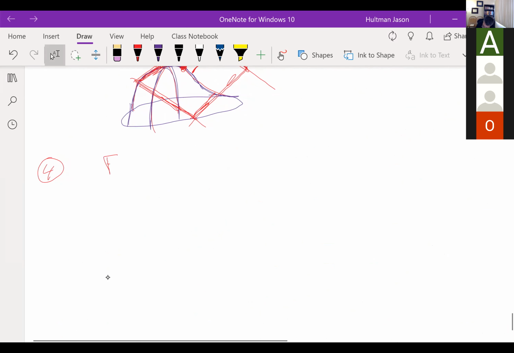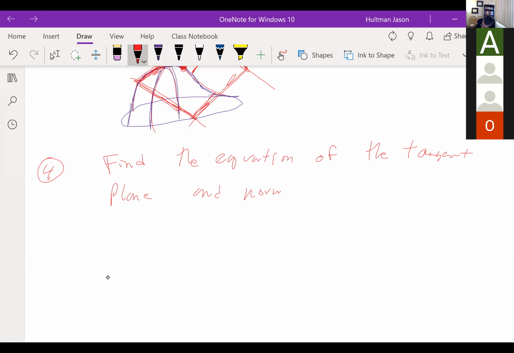So find the equation of the tangent plane and normal line at the point -2, 1, -3 to the ellipsoid x squared over 4 plus y squared plus z squared over 9 equals 2.